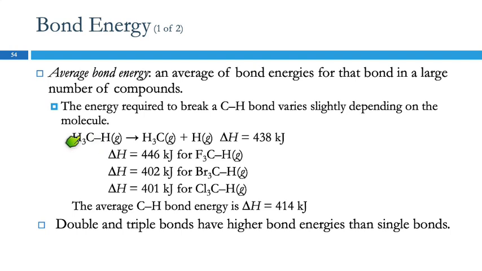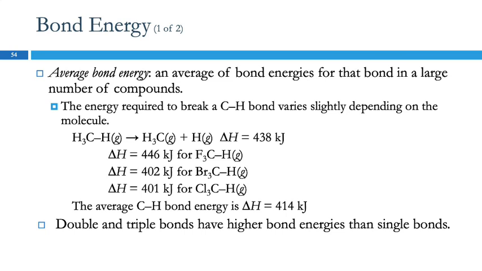If we swap those hydrogens and put fluorines or bromines or chlorines, the energy needed to break the bond changes a little bit. 438, 446, 402, 401. We're not going to be concerned about why that changes or what direction, but it can be different. So we're just going to be concerned about an average bond energy.